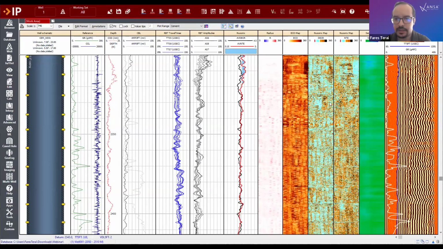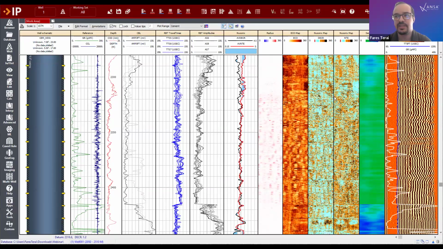It basically starts at the top of the perf, which does make sense because that's where the cement has been squeezed. So they started squeezing from the bottom perf up to this point, the top perf. So yeah, it does make sense.